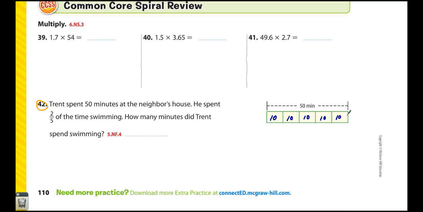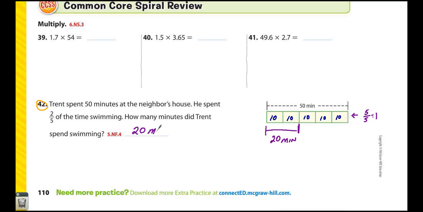So the whole thing, if I do this entire thing, that's 5/5, which equals 1 whole. But I just want 2/5 of it. I just want that space right there. And that space right there represents 2 blocks of 10, or 20 minutes.